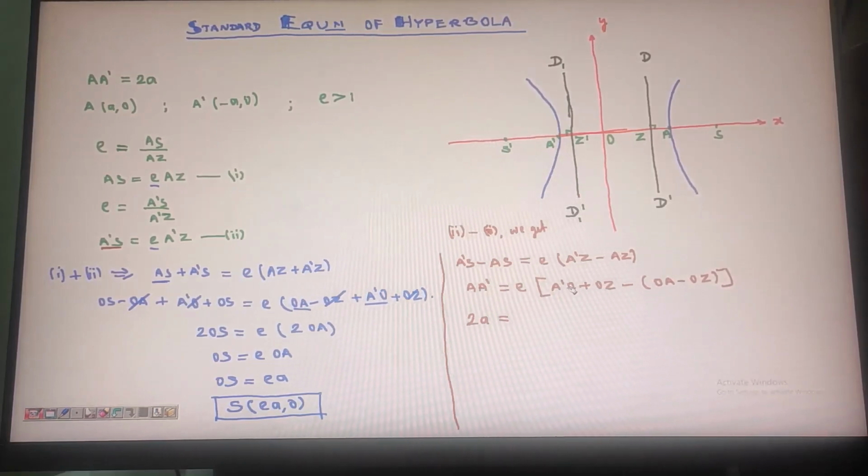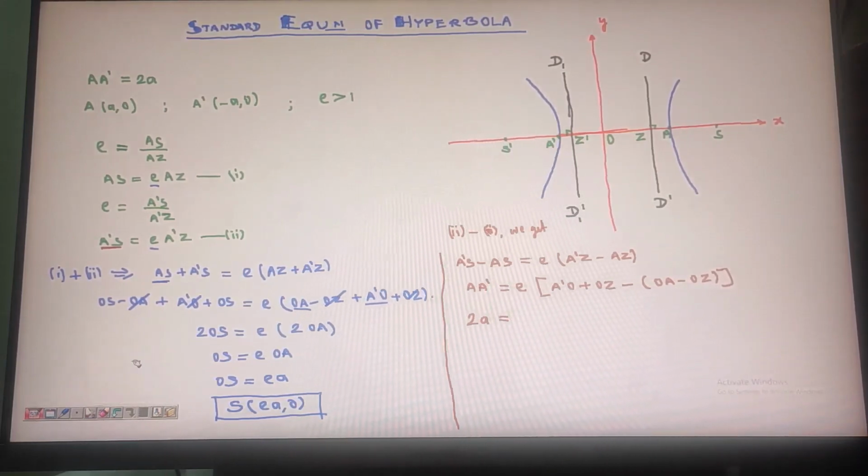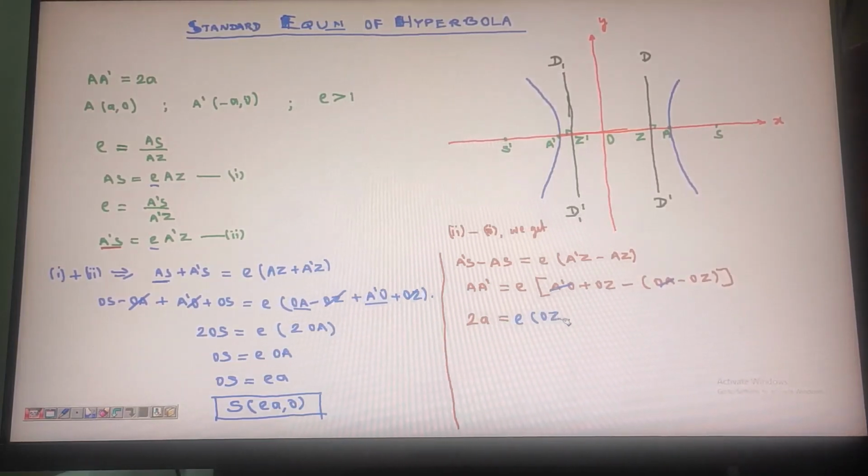here A'O and OA both are a, so I can cancel both of these, and I am getting e times OZ plus OZ.